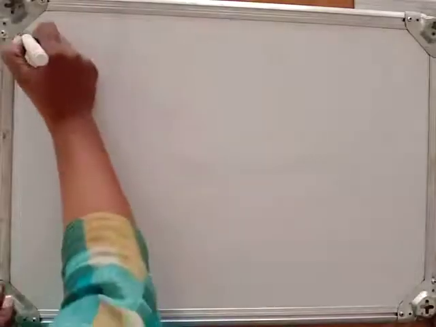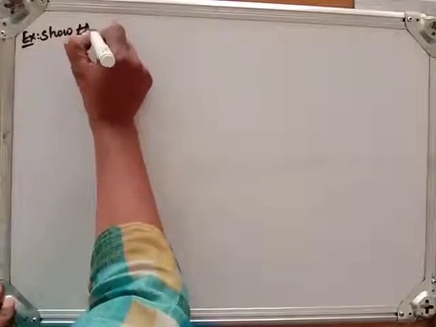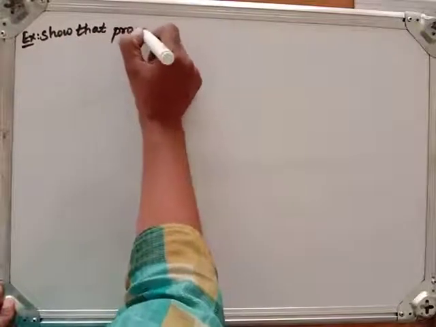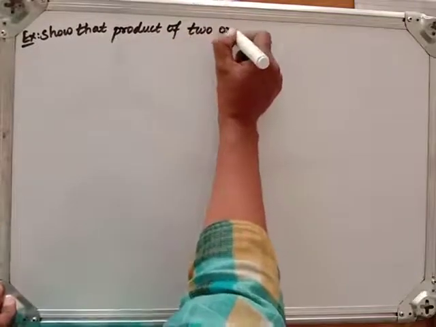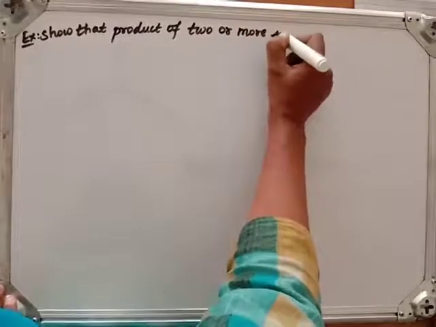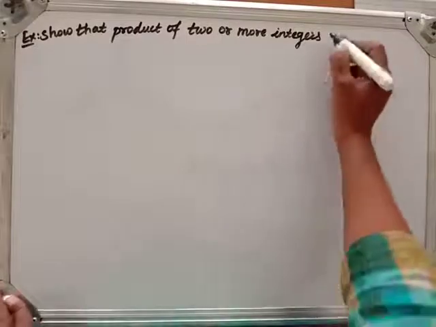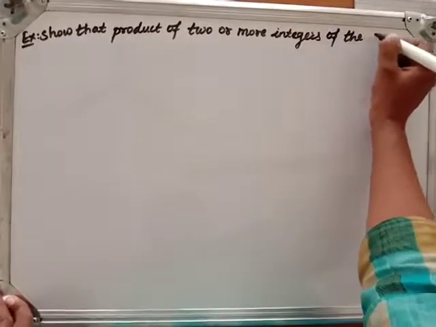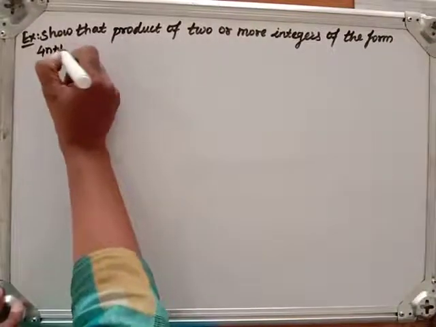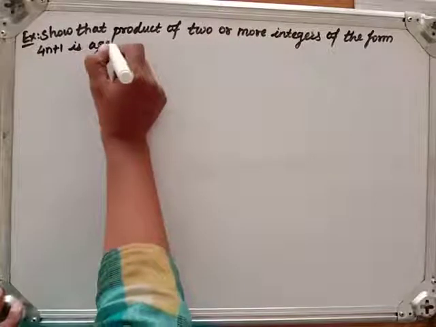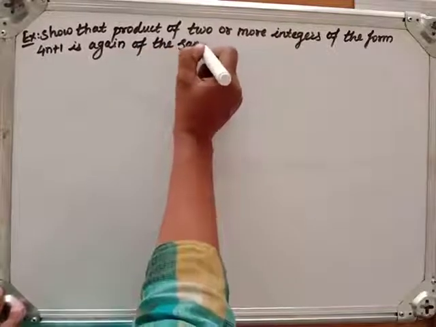Next example says, show that the product of two or more integers of the form 4n+1 is again of the same form.